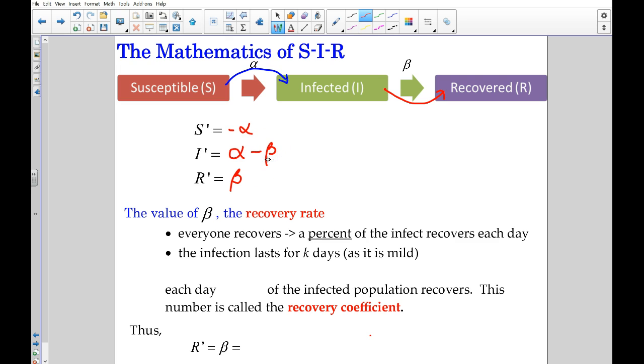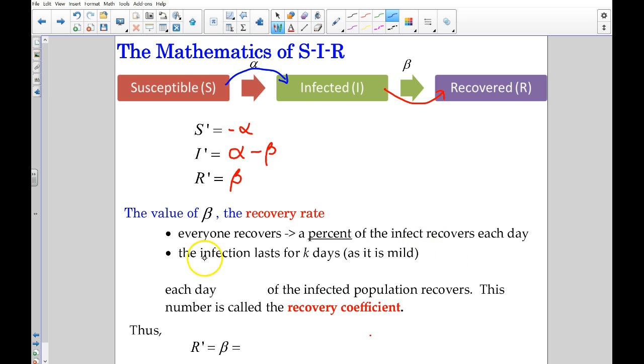Okay, but now we want to know what those values are specifically. Beta is going to be a little bit easier to compute, so we'll begin with that. The value of beta is called the recovery rate, so the rate at which people are entering the recovered compartment is known as the recovery rate. Everyone recovers from the disease eventually, but only a percent of the infected recover each day.